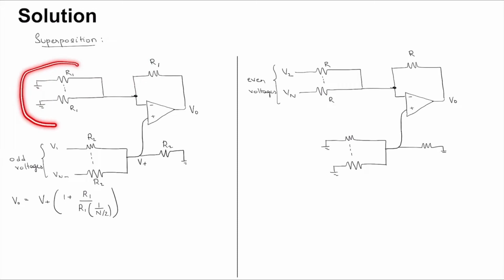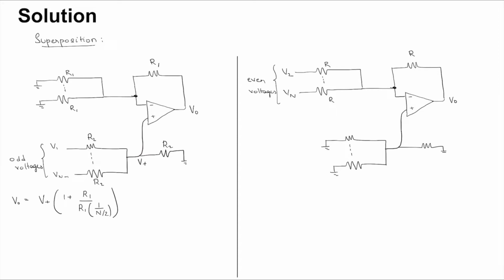N by 2 resistors are in parallel, so R by n by 2 is the resistance here, and this is Rf. The value of R1 is 10 kilo ohm as given in the problem. The value of R2 is 1 kilo ohm. So all we need to know is what the value of V plus is.